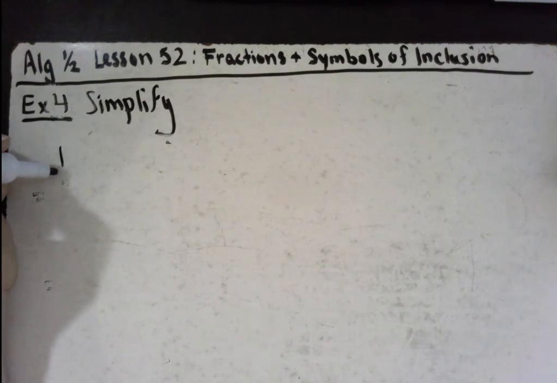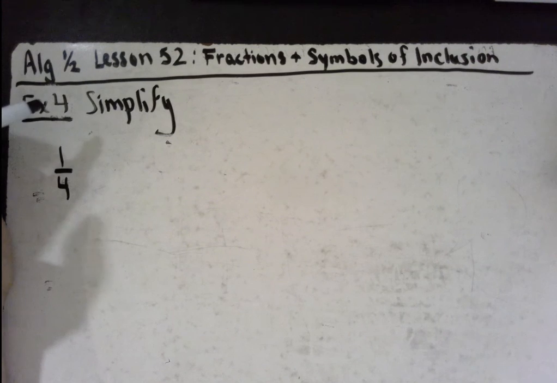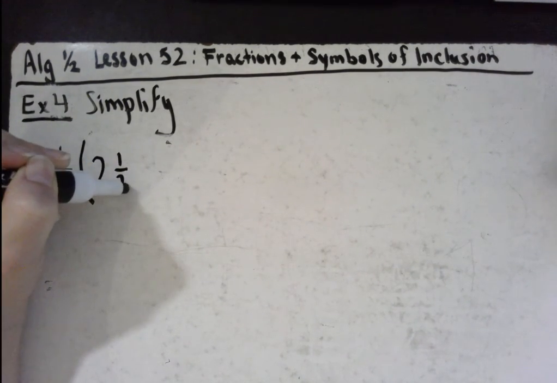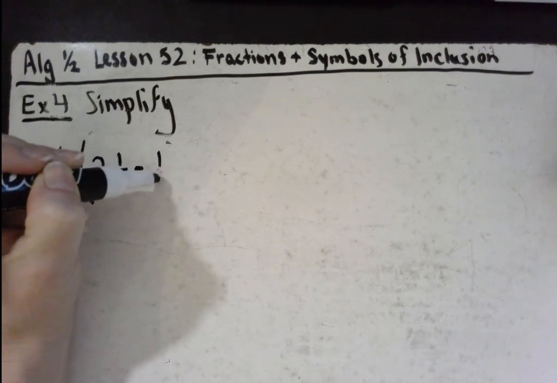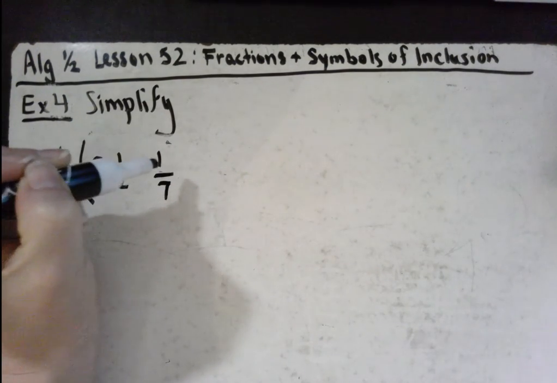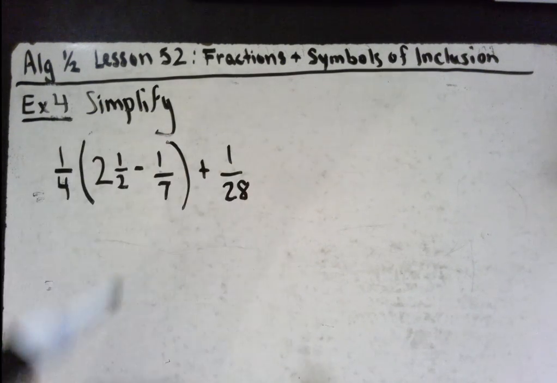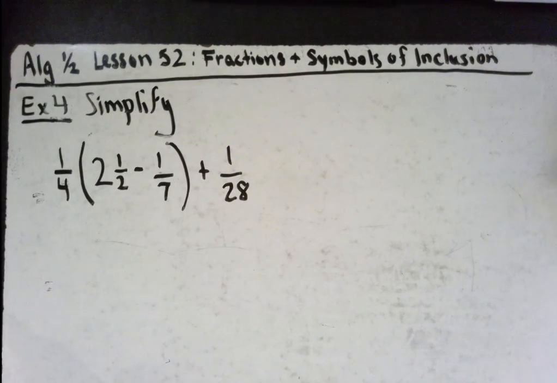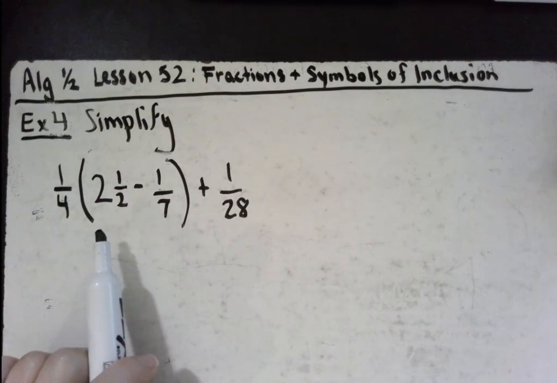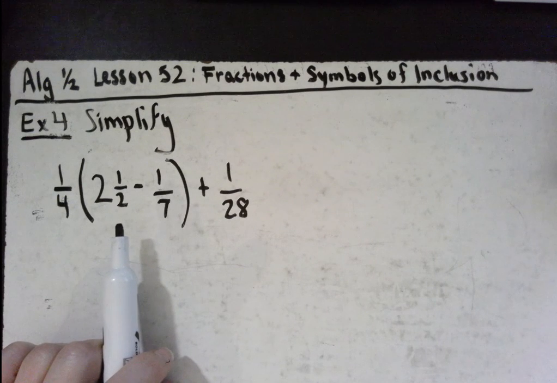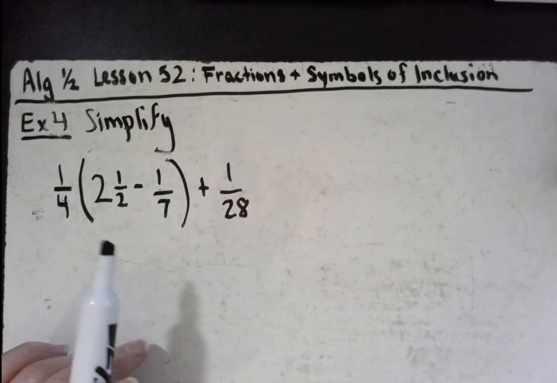We've got 1/4 in parentheses times 2 1/2 minus 1/7 plus 1/28. Again, I recommend that you go ahead and convert this to an improper fraction first, just to make everything a little bit easier. So pause the video and give this one a try.